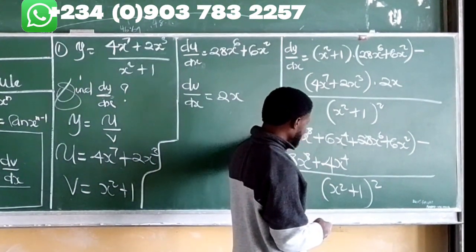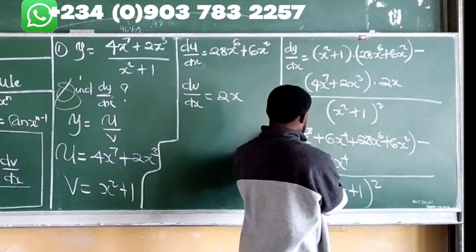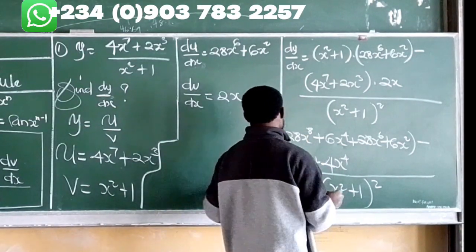28x raised to the power of 6 minus 8x raised to the power of 6 gives 20.